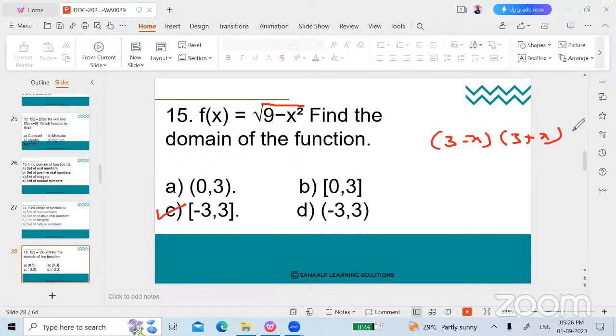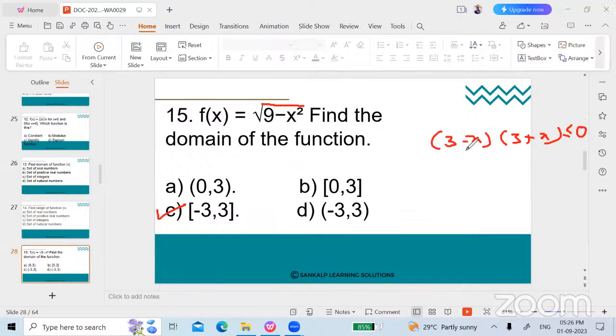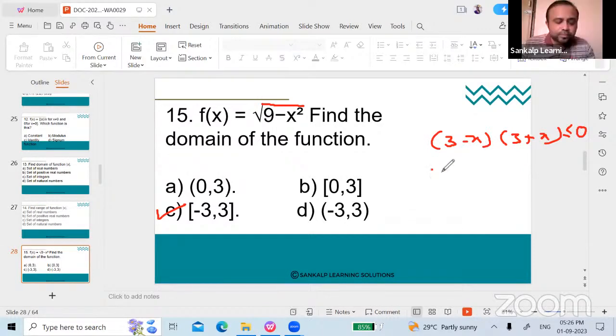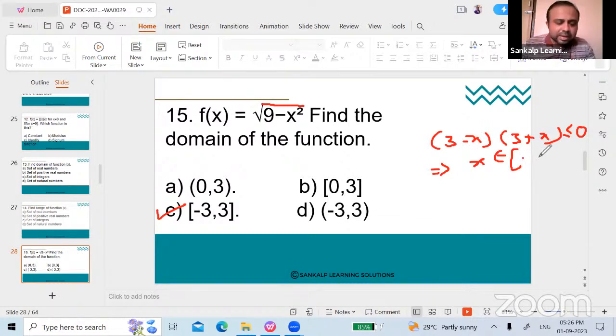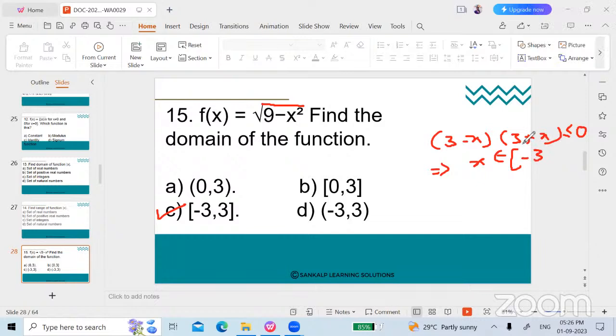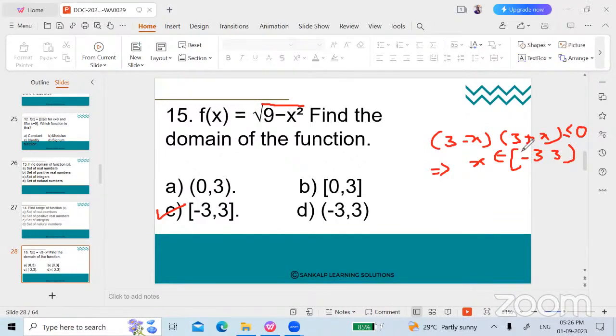Which is less than or equal to 0, which gives the implication x belongs to the set: x equal to minus 3 from 3 minus x equal to 0, and 3 plus x equal to 0 gives x equal to 3. So answer C is the correct answer. Understood? Option C is the correct answer.